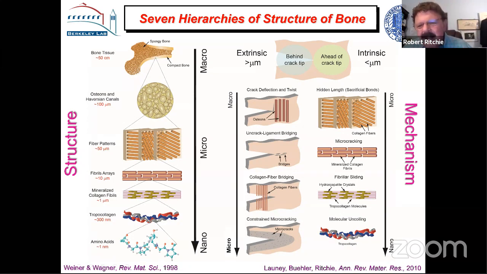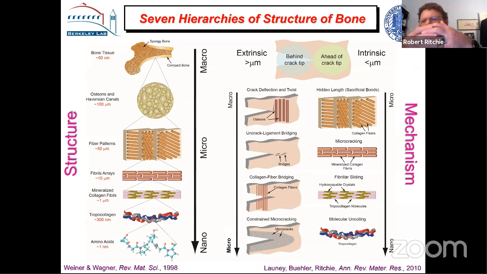There are many mechanisms, but the one that's the most important, I think, in bone is simply the collagen. The collagen stretches, and then you get what's called fibrillar sliding as the collagen slides apart. That is the main plasticity mechanism in bone. It also microcracks, which has an inelastic effect, but that fibrillar sliding is really important.